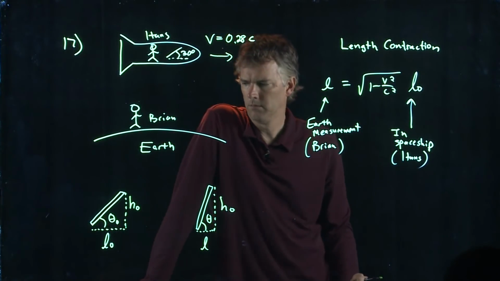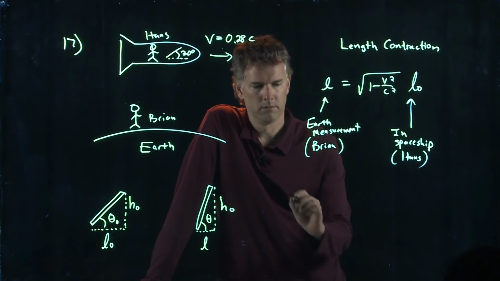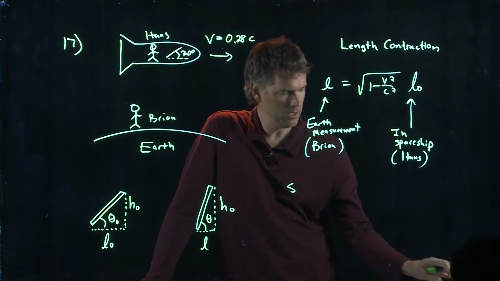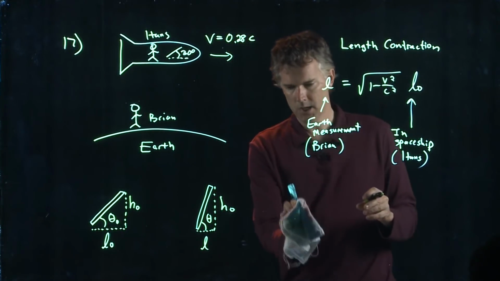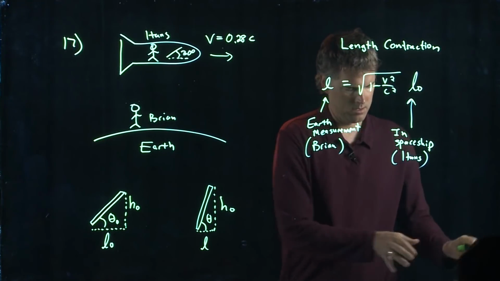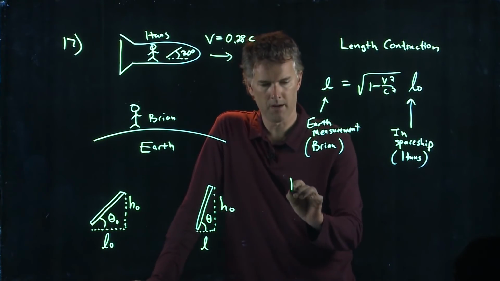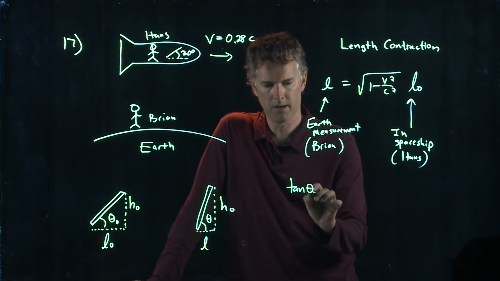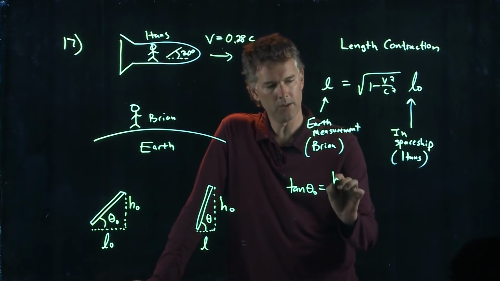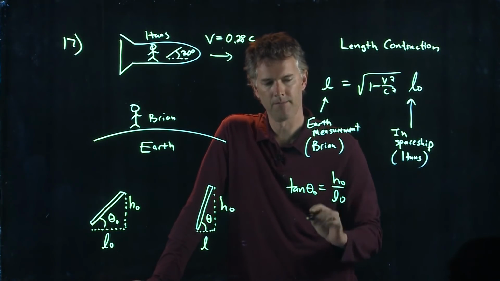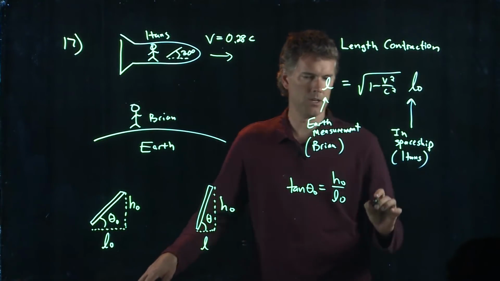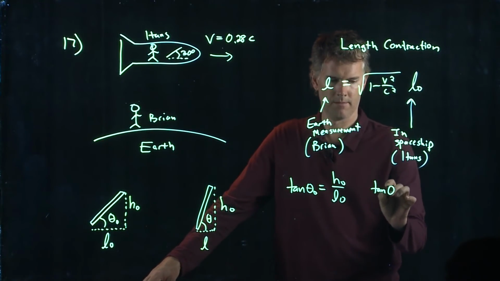All right. What is the tangent of theta naught? The tangent of theta naught is H naught over L naught. What's the tangent of theta?